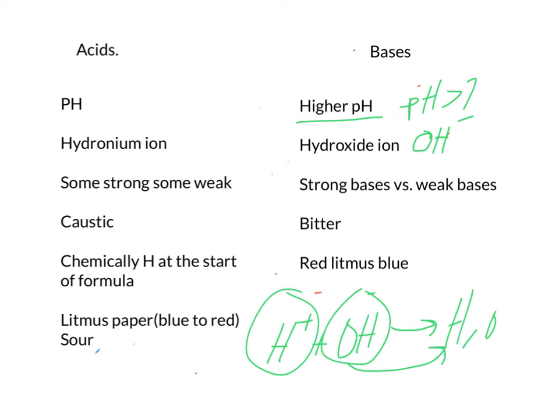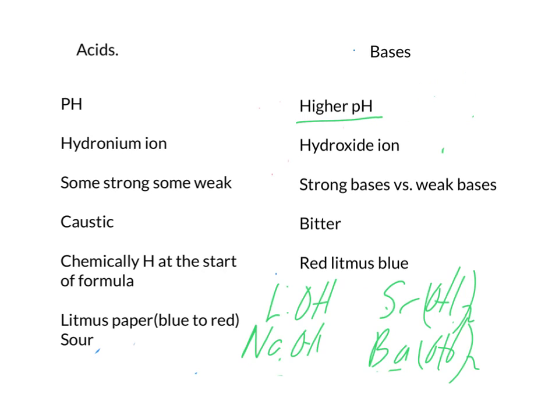When you look at strong bases versus weak bases, there are a number of strong bases that you already know. If you can remember the solubility rules that involve the hydroxide ion, the hydroxides are generally insoluble, but there are a few that are completely soluble, meaning they make a lot of ions.